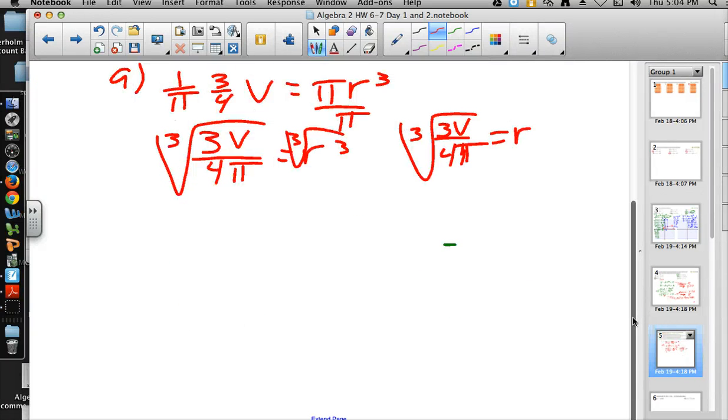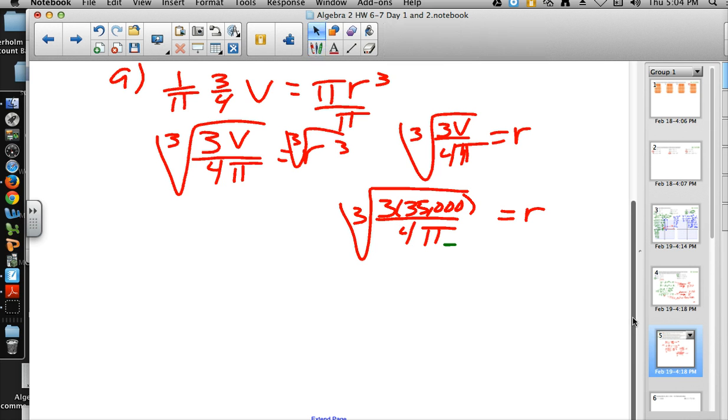All right, so we need the cube root of 3 times 35,000 divided by 4 pi. Okay, I'm going to do this in steps. So I'm going to follow the order of operations and take 3 times the 35,000. And that is 105,000. I'm going to divide that by 4 times pi.